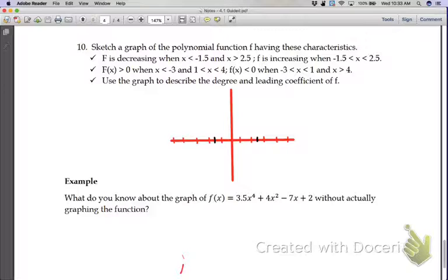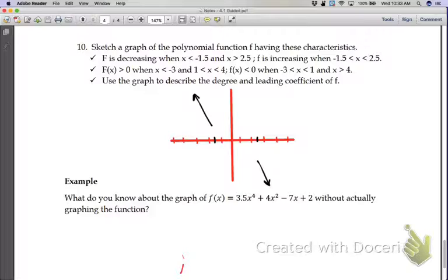Okay? It doesn't really matter. It doesn't have to go through those points. It just means that somewhere down here, it has to be going like this direction, and then somewhere up here, it's got to go like this. Okay?